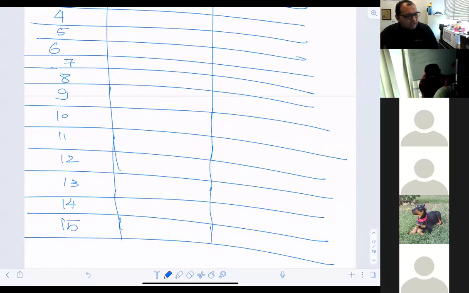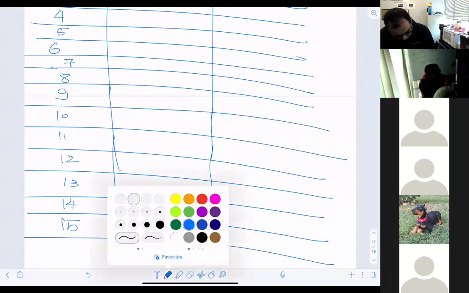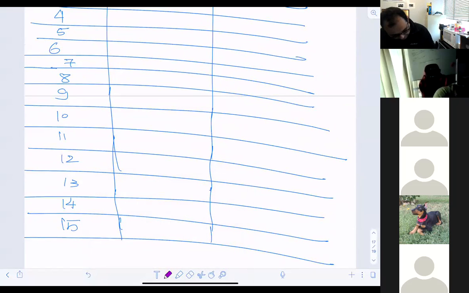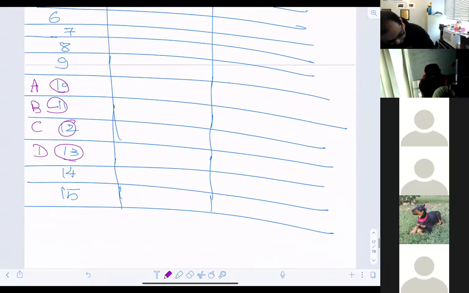Now, there is nothing called 10 in hexa. So I'm just going to change the color here in front of you. This is represented to be A. This is B. This is C. This is D. This is E. This is F.